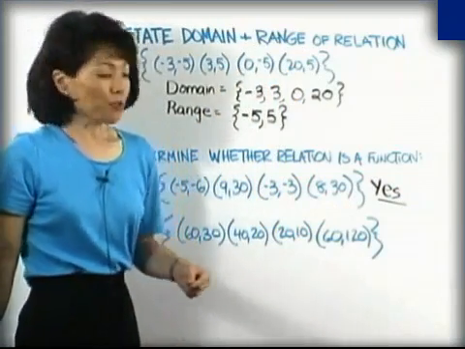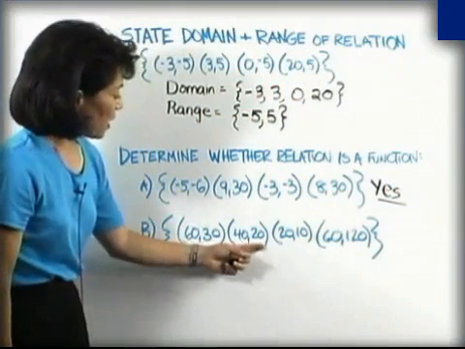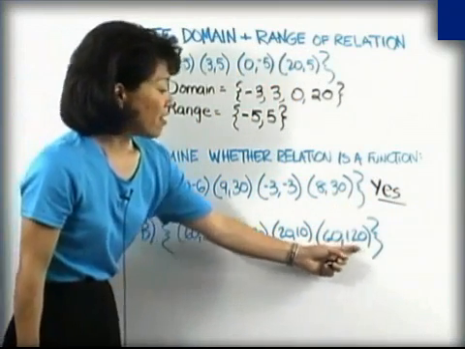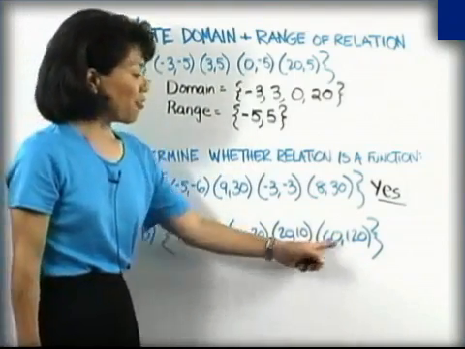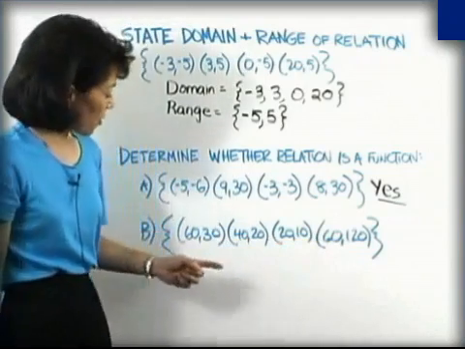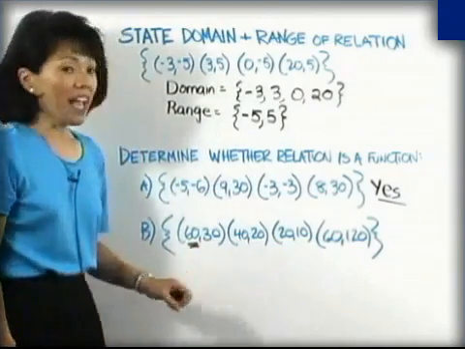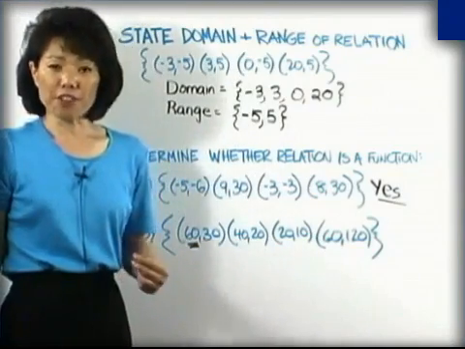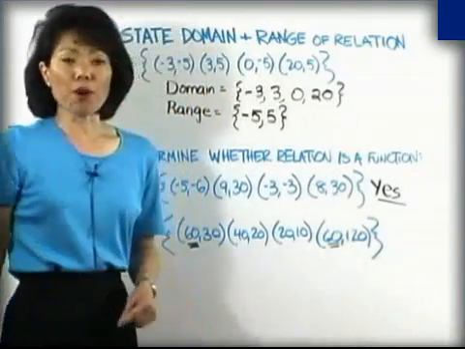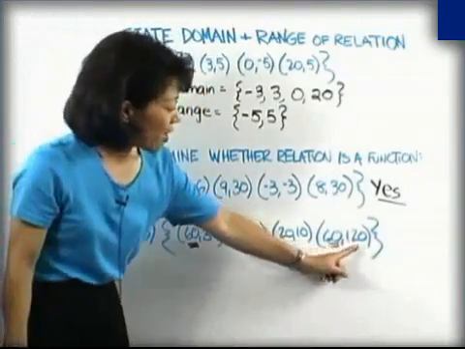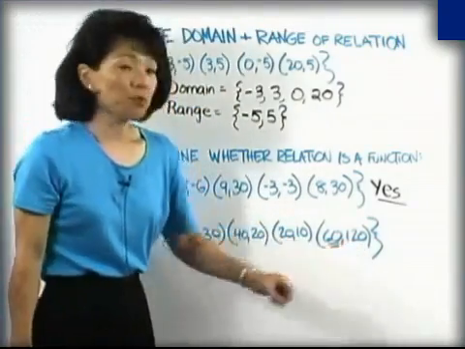Let's look at our second relation: (60, 30), (40, 20), (20, 10), and (60, 120). Do you see something unusual about the first and the fourth ordered pairs? Notice here, the first component is 60, and it's being paired with the second component of 30. Notice down at the end here, I've got that same first component, 60, being paired with a different second component, 120.